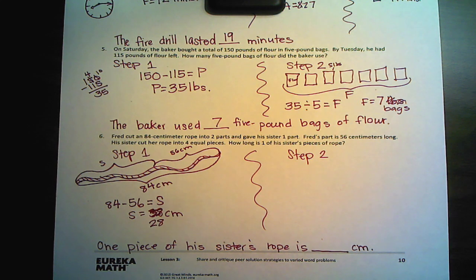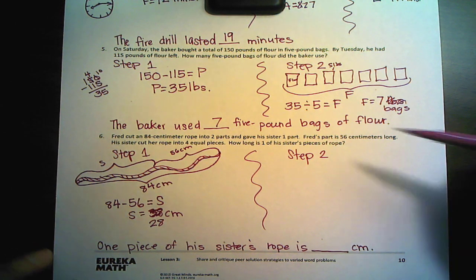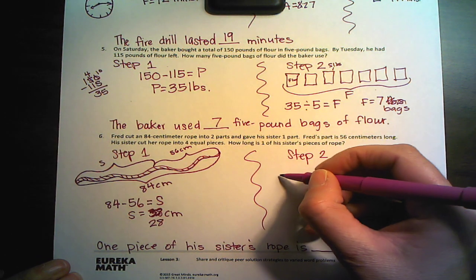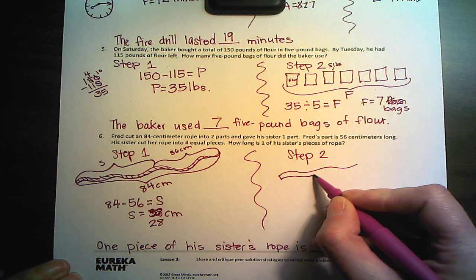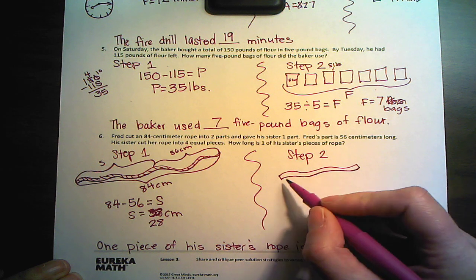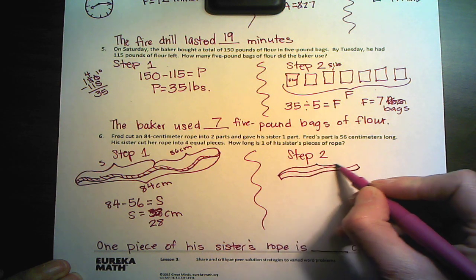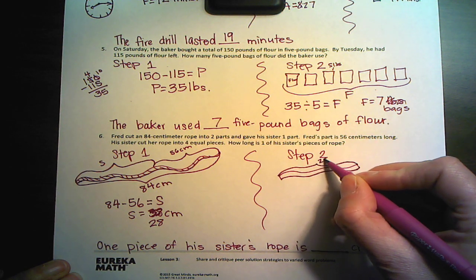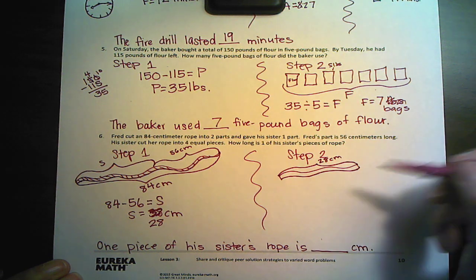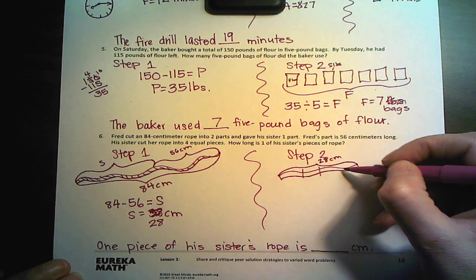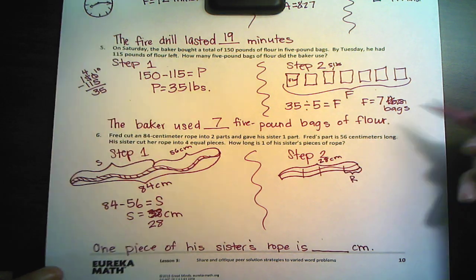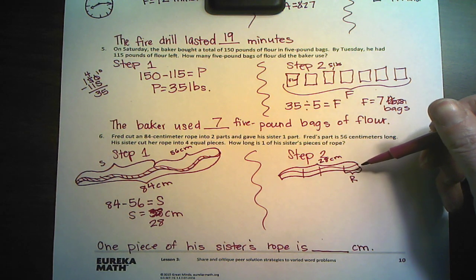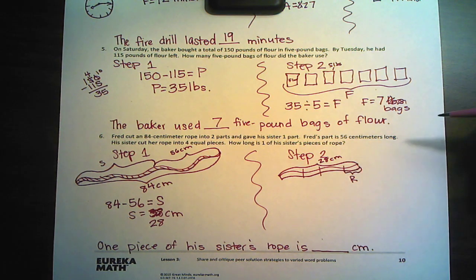Okay, now let's move on to the second step because we need to figure out how long her little piece of rope is now that she's chopped it. So the total we just found out was 28 centimeters. But she's chopped this up, and this is what we need to figure out. Let's do R for rope. We need to figure out how much one of those pieces measures.